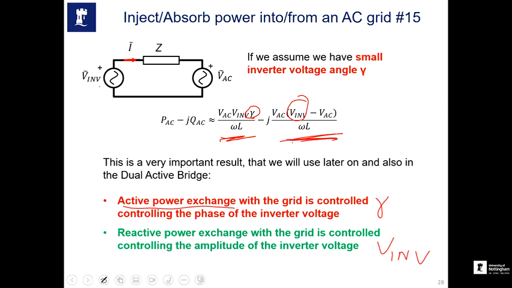If you look at the second term, the reactive power term, L is fixed, VAC is fixed. So the only thing you can control is the magnitude, V inverter, and that will control your reactive power. And once you know the magnitude V inverter, if you change gamma, that will control your real power.